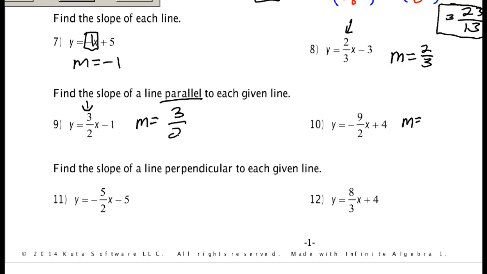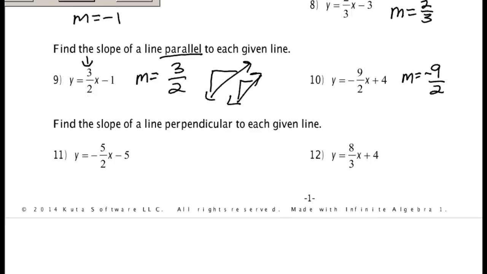Yeah, it's the same. Two parallel lines, side by side, never touch because they go up and over the same amount. They're both going up 3 over 2. They never get closer or further away from each other. Same thing with negative 9 over 2.